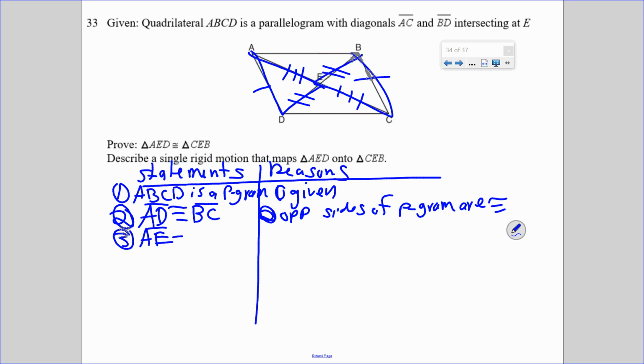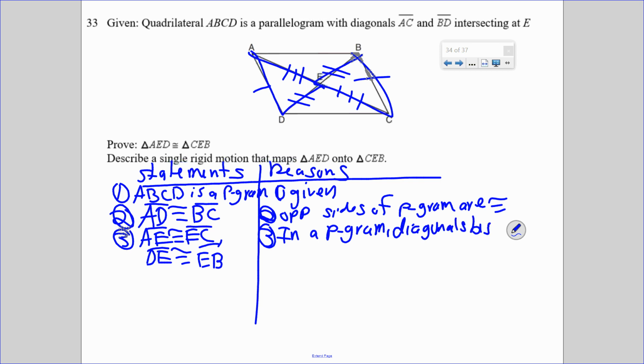AE is congruent to EC and DE to EB, because in a parallelogram, diagonals bisect each other. Don't tell me they're congruent. They're not congruent. In a rectangle and a square they are, but that doesn't give you those values. That's it. I have my 3 things.